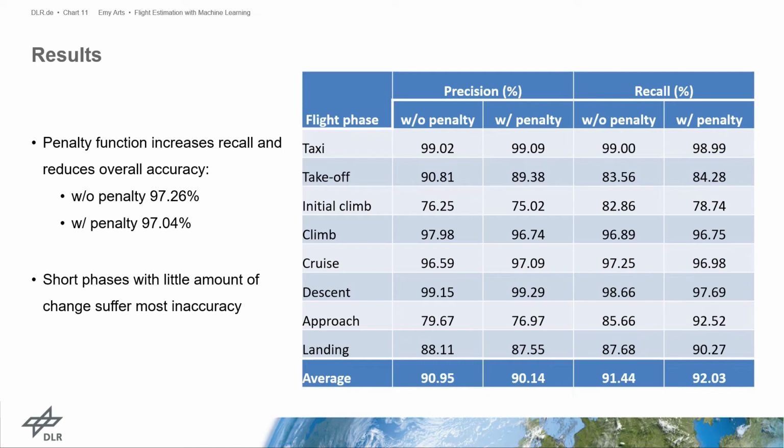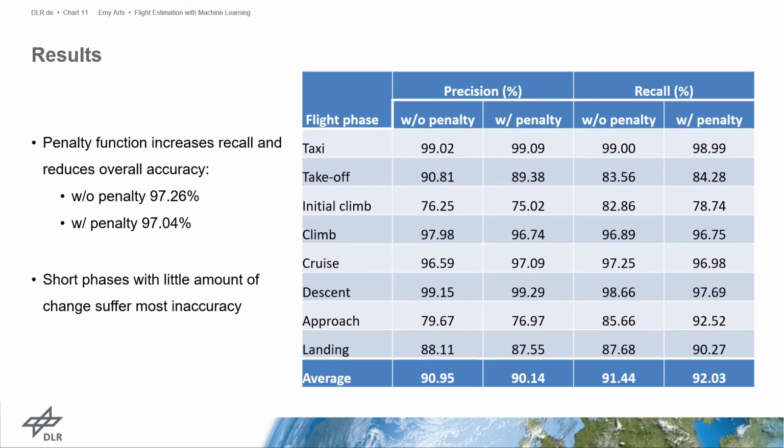But when we look at the single flight phases, we can see how especially the shorter flight phases, so the takeoff, initial climb, approach, and landing, suffer more inaccuracy than the longer flight phases. This could be due to several factors, such as the fact that the approach and initial climb are very hard to identify from the climb and the descent phase.